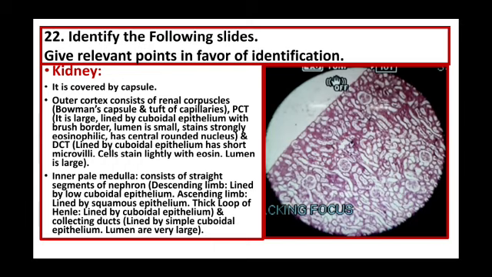Within the medulla, there are straight segments of nephron, that is a descending limb lined by low cuboidal epithelium, ascending limb lined by squamous epithelium, a thick loop of Henle lined by cuboidal epithelium, and collecting ducts lined by simple cuboidal epithelium. The lumen will be comparatively larger.